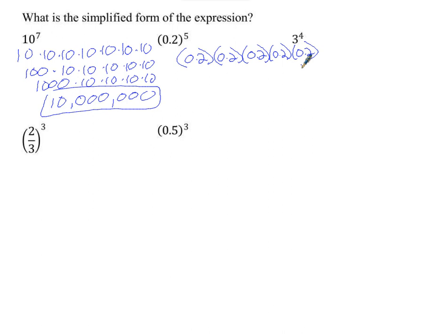So we have 0.2 times 0.2, which is 0.04, times 0.2 times 0.2 times 0.2. And then we continue. Hopefully you have a calculator in front of you though, because 0.2 to the 5th power is going to give me a pretty small decimal, like 0.000 something, okay?